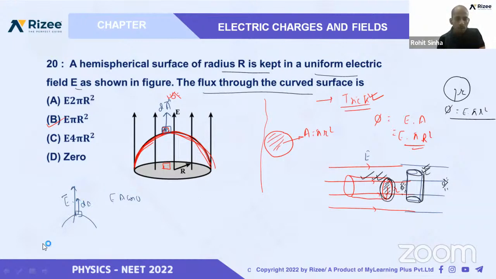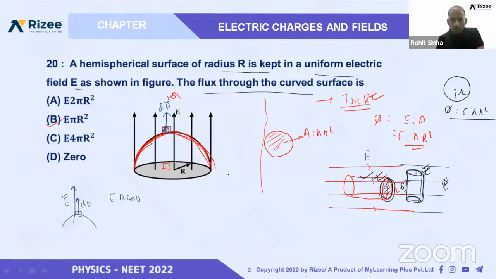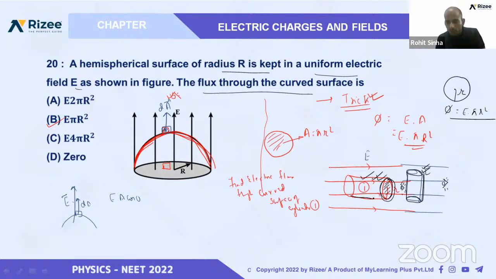If it is asked to find the electric flux through the curved surface of cylinder 1, the curved surface is this one.